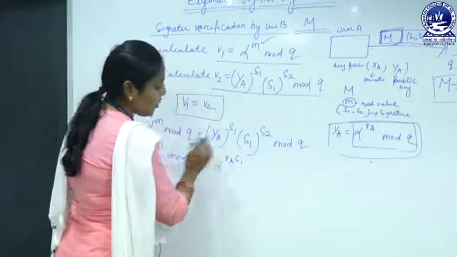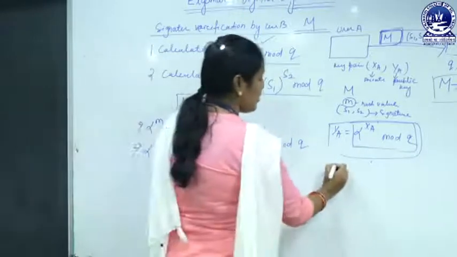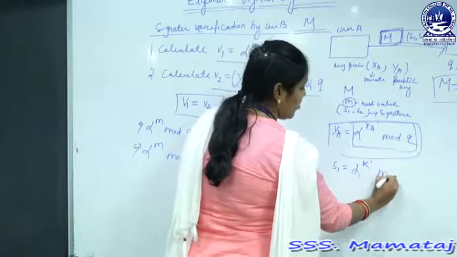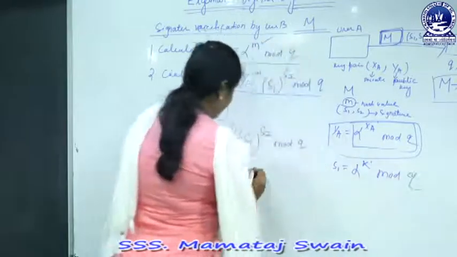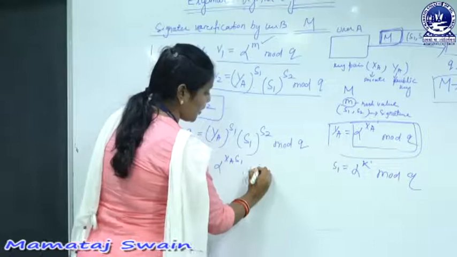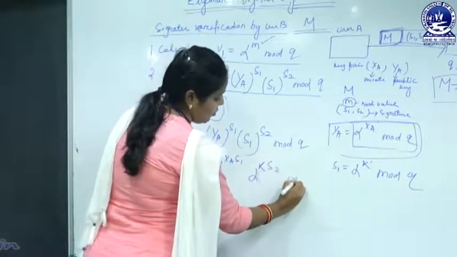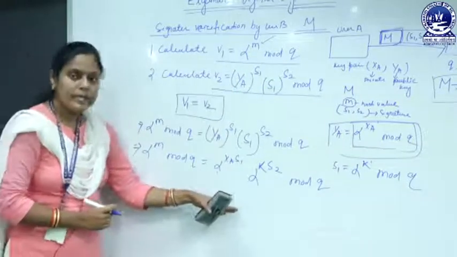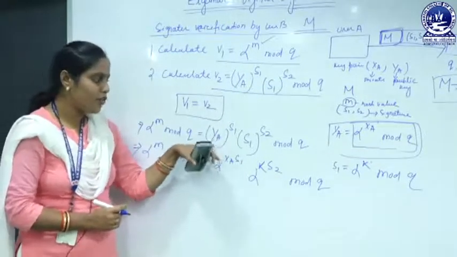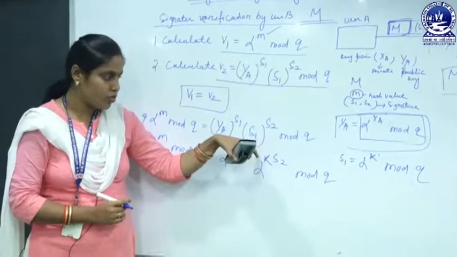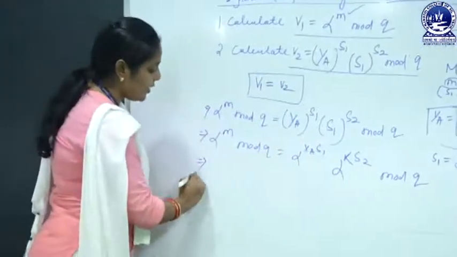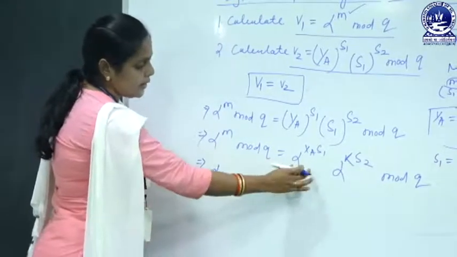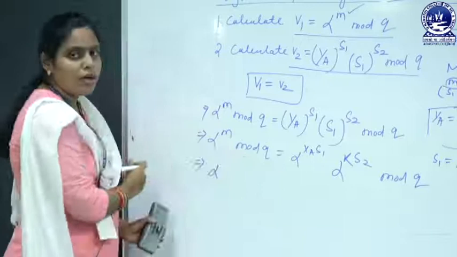Next, in place of s1 we can replace the value, that is s1 equals alpha to the power k mod q, so alpha to the power k s2 mod q. After replacing the ya value and the s1 value, I am taking this alpha to the left side.